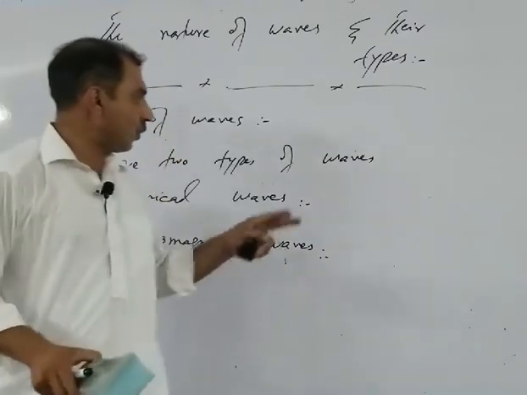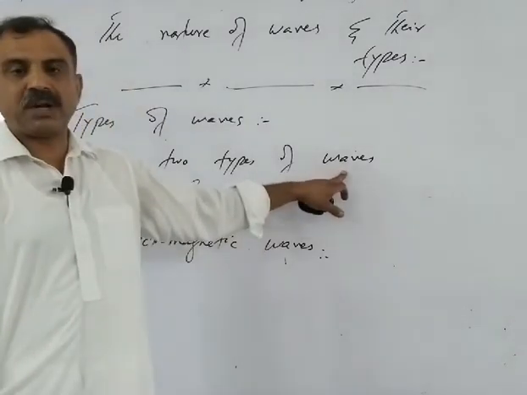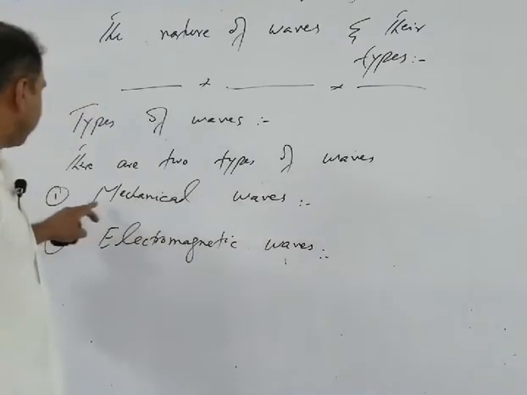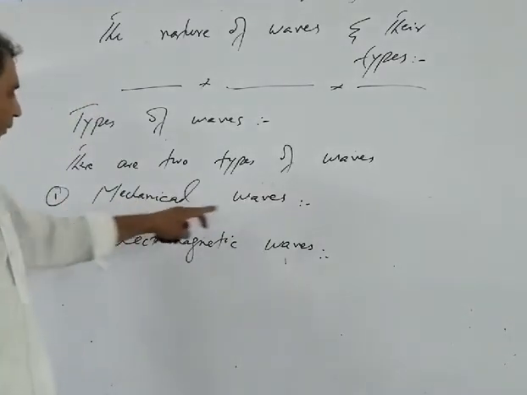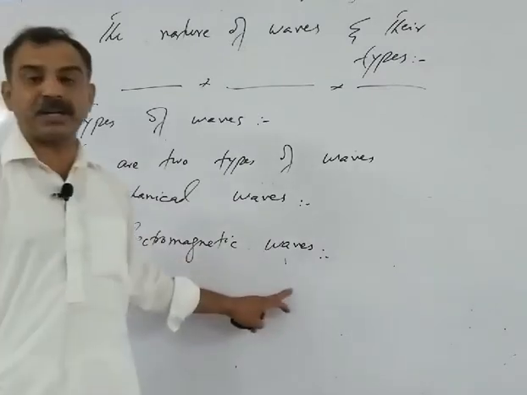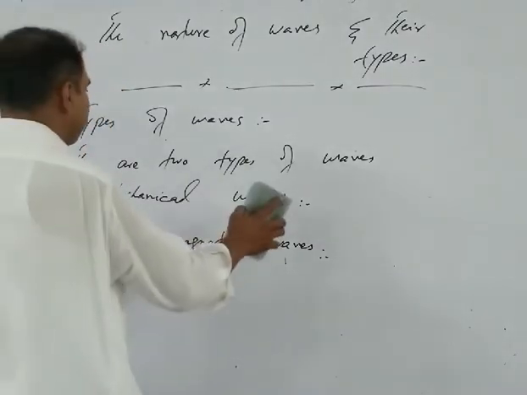So we can divide the waves which are energy carriers into two patterns. One is mechanical waves and the other is electromagnetic waves. Now let us explain mechanical waves separately.